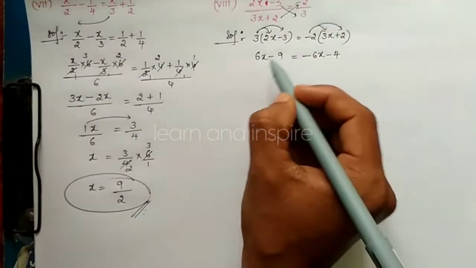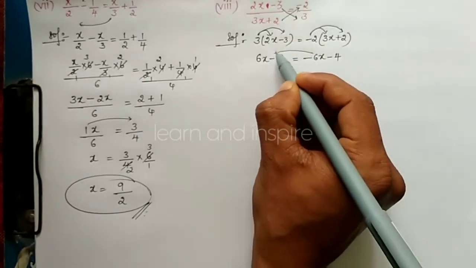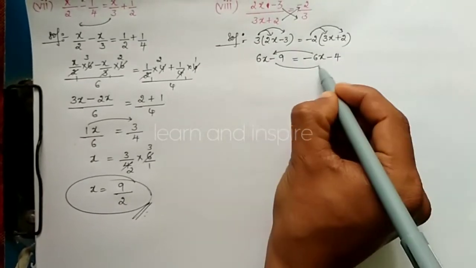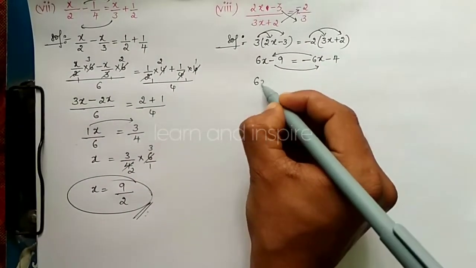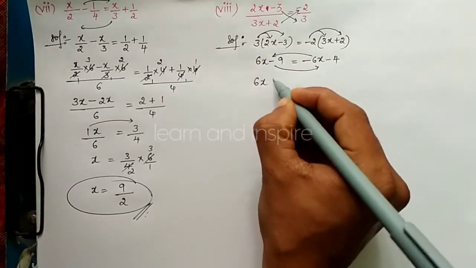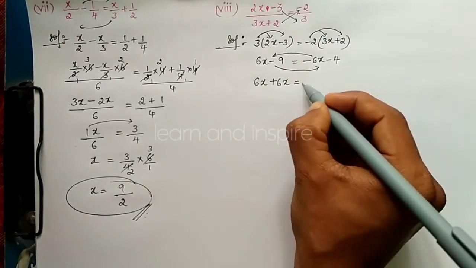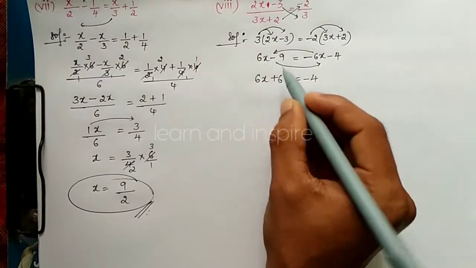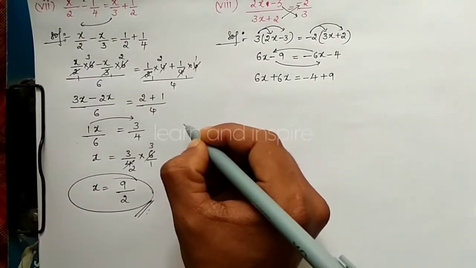Okay, so next step. So here the variables transpose to LHS and the constants to RHS. So if I transpose, we get 6x. If I transpose minus 6x, it becomes a plus 6x is equals to minus 4, right, as it is. And if I transpose minus 9, it becomes a plus 9.